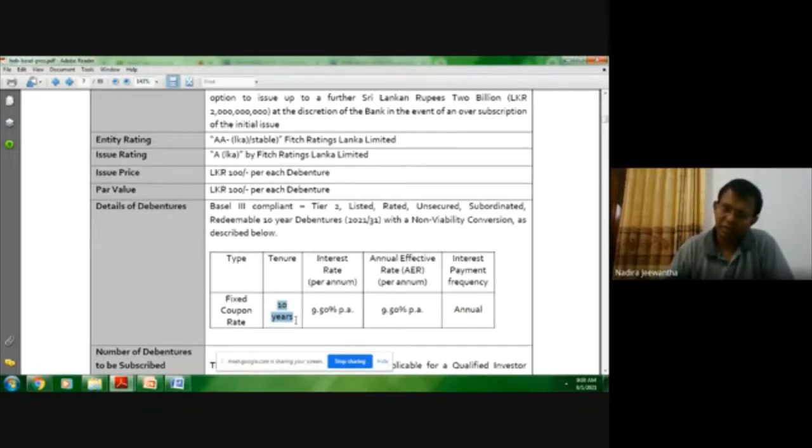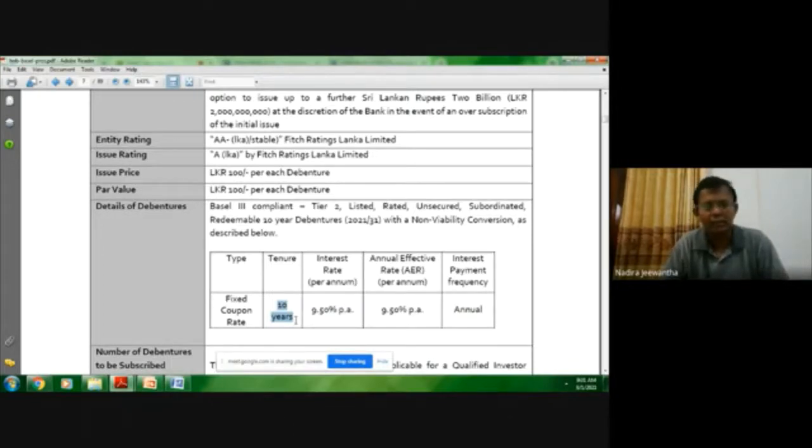But your friend is going to make an investment in 2024 in an HNB debenture at 15%, whereas he will be receiving 15% annual interest, whereas you are getting 9.50%. You as a rational investor, what do you do? Obviously, you sell this existing one and invest in the new one.